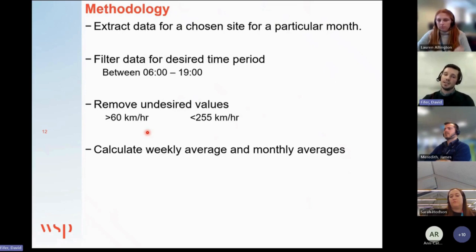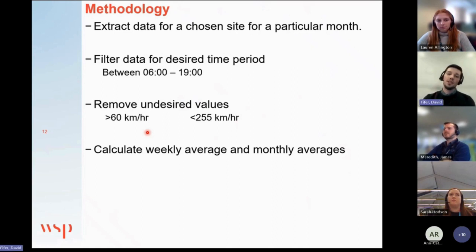We've then filtered the data down to only consider the time periods between 6 a.m. and 7 p.m. This is because we think the behaviours outside those hours are likely to have too little flow, so we won't get the higher flows, and also at night driving behaviours will likely be slightly different, with people travelling slower, which might skew the data somewhat, particularly as modelling is mainly focused on the AM, PM and inter-peak periods.